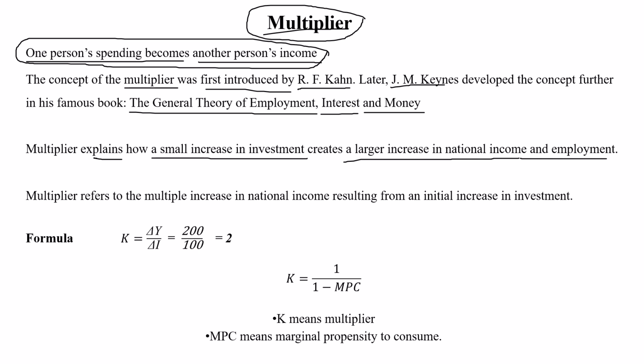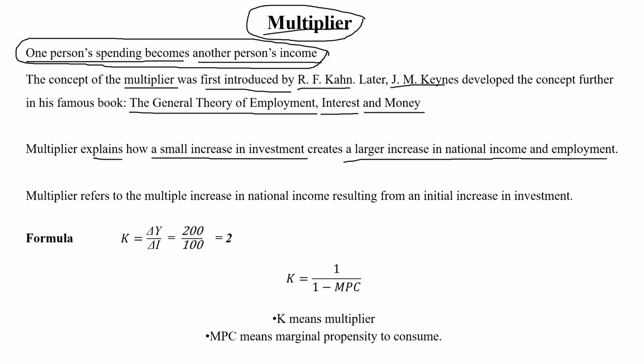Here the workers' spending becomes the shopkeepers' income. As I said earlier, one person's spending becomes another person's income.